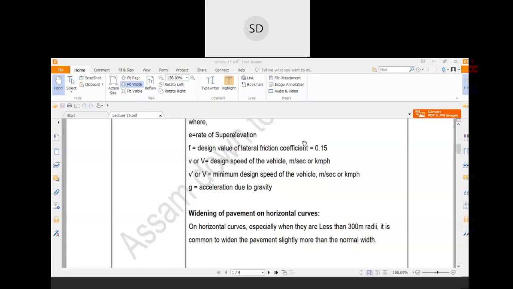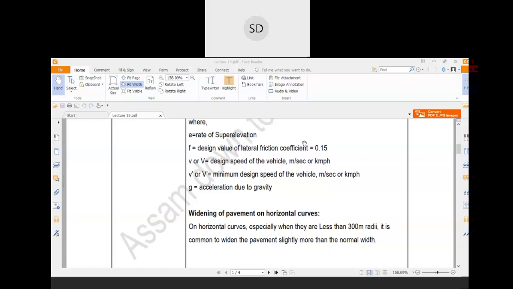You know that we can restrict the speed in some cases. We will consider the design speed based on some observation, or there are some values which we can directly consider. Now the thing is, there will always be some vehicles moving on that particular section of the road with a speed more than the design speed we have considered.